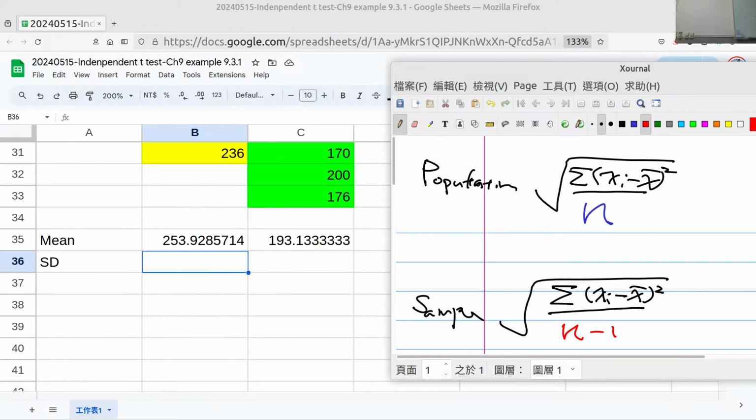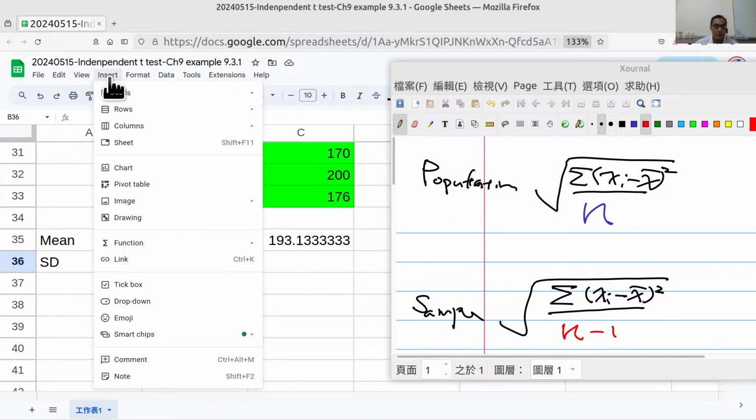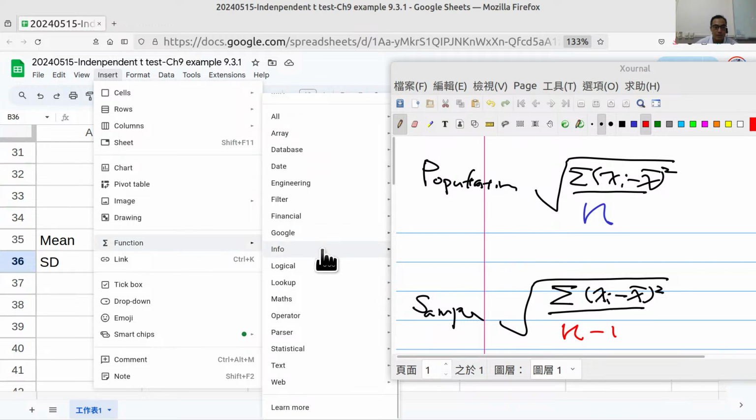But this part, take a look at this. Insert function, statistical.